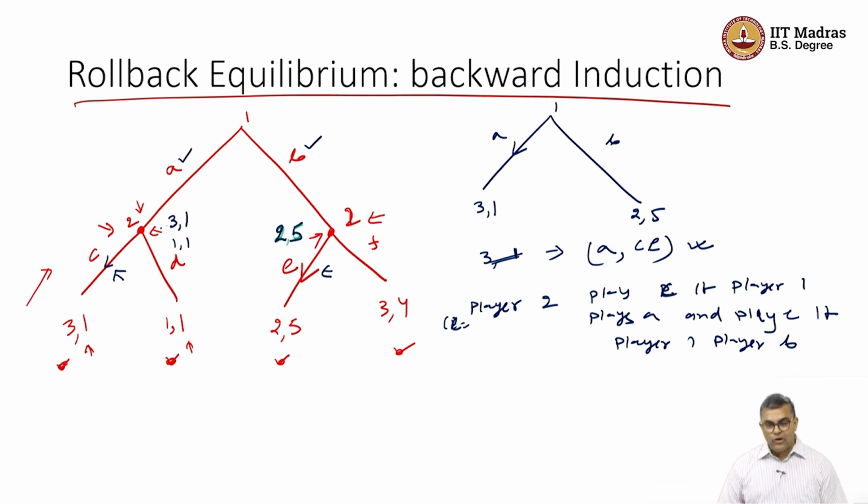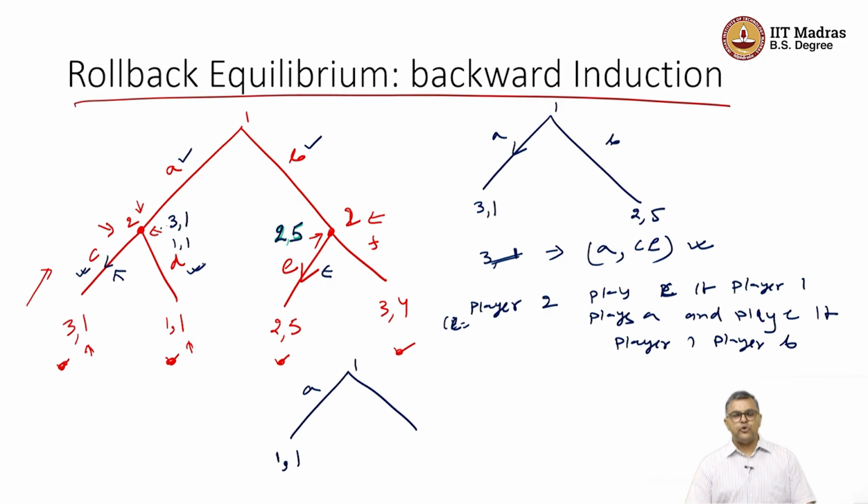There is, although, another possibility: player 1 believes that if he plays A, player 2 is going to play D, and in that case the outcome is going to be 1 comma 1. Notice that for player 2, playing C and D are equally good. In both cases player 2 gets 1.